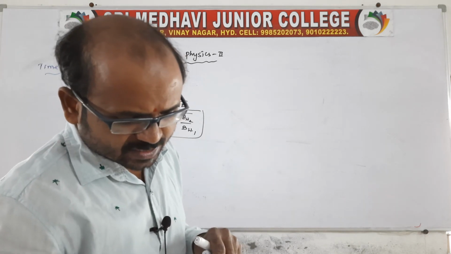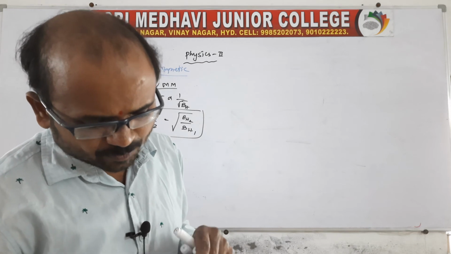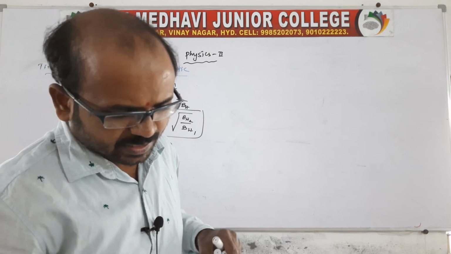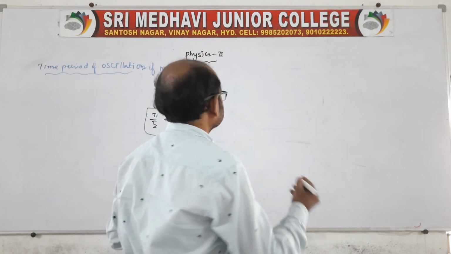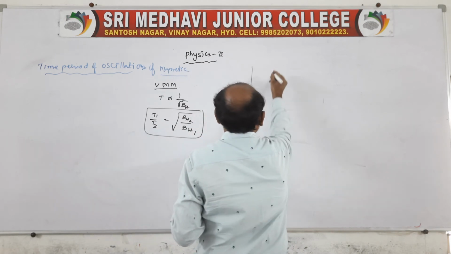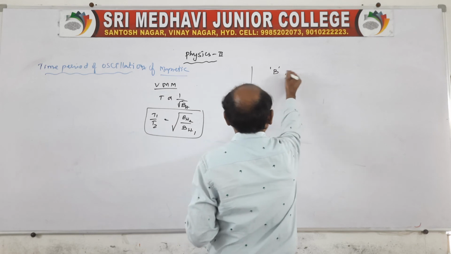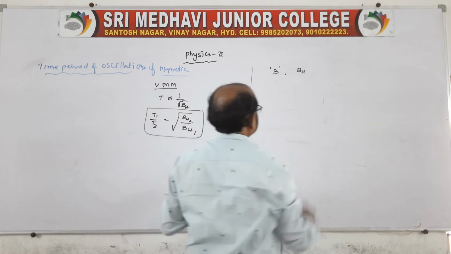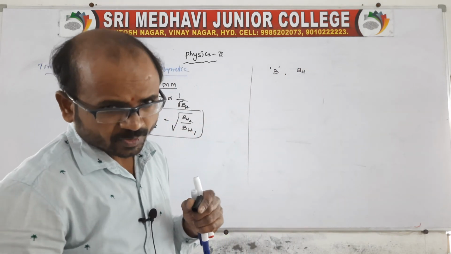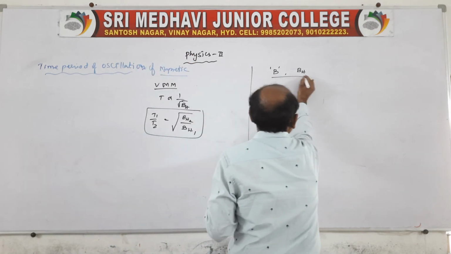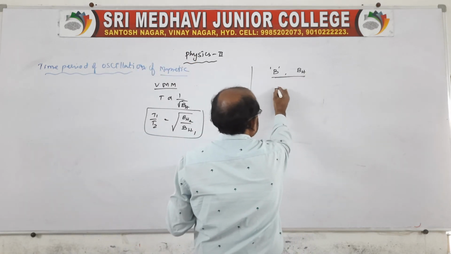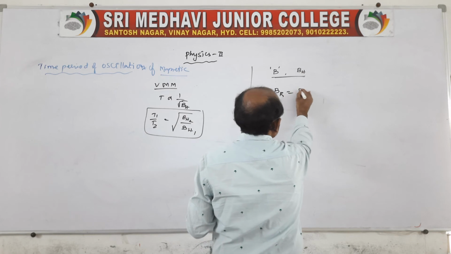And here, if an external magnetic field supports the earth's magnetic field, meaning the bar magnet's magnetic field, capital B, supports the horizontal component of the earth's magnetic field, the resultant magnetic induction will be B plus BH.